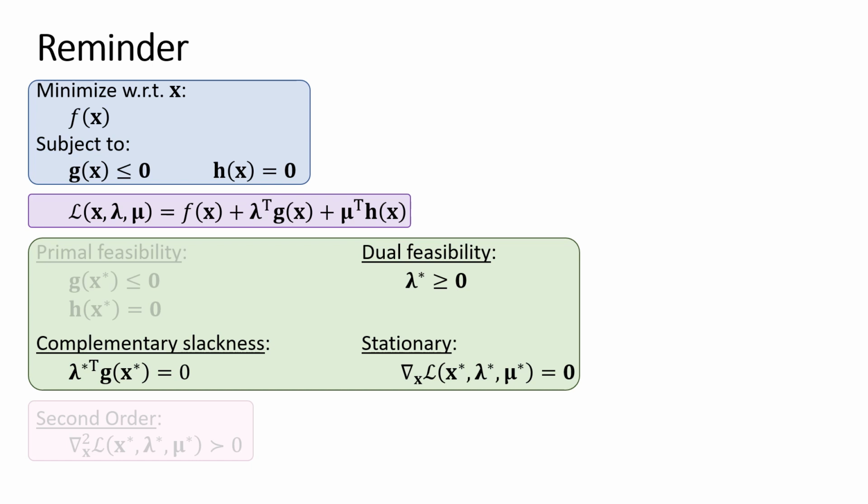And the dual feasibility condition is also easy to remember because lambda has to be greater than 0, lambda corresponding to the inequality constraint. So we really need to care for the complementary slackness and stationary conditions here.